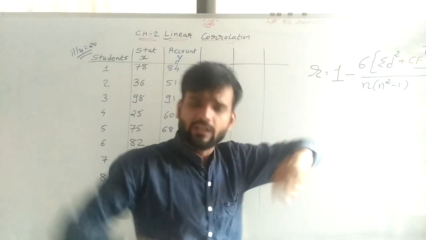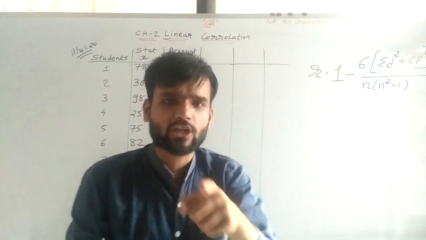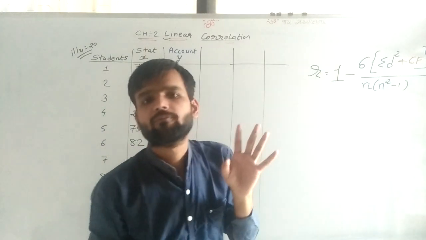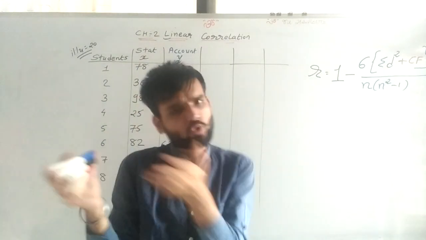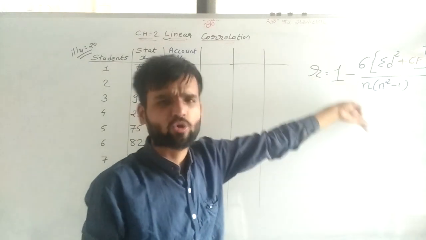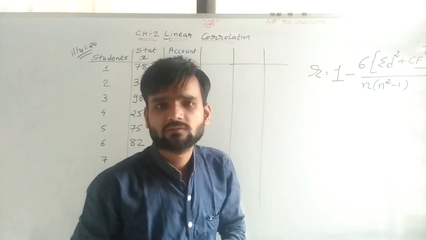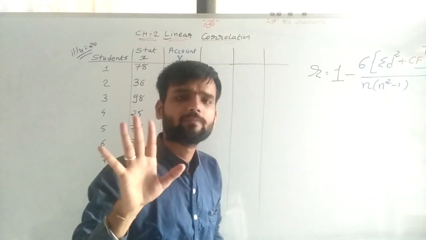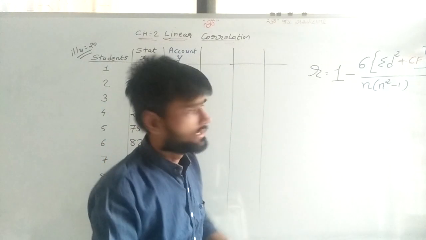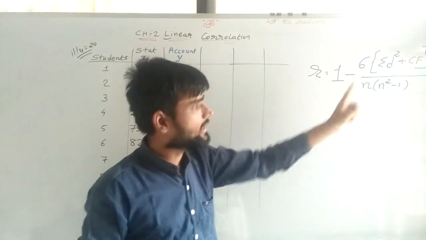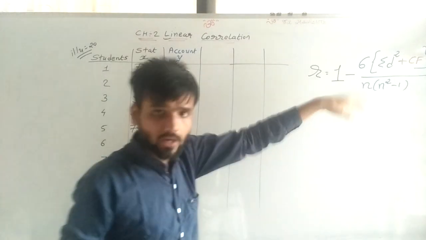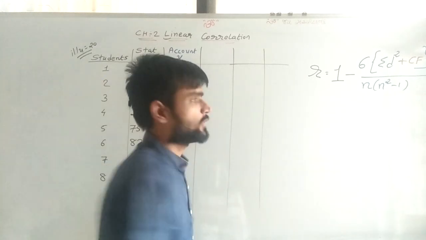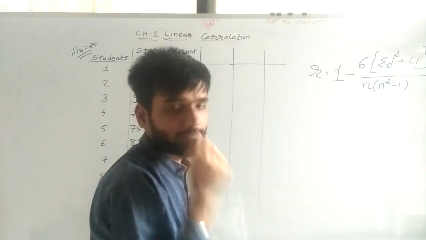In each and every sum of rank correlation, as per Kamal sir's method, write CF. If there is no value of CF, then write 0. Why should we keep changing the formula? Use only one formula: 1 minus 6 bracket sigma d square plus CF upon n square minus 1. Simple. So first of all, remember this formula.